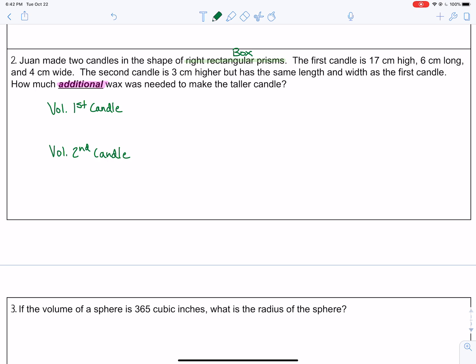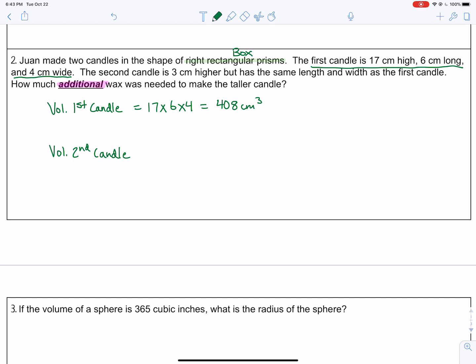All right, let's reread. We have the first candle is 17 centimeters high, 6 centimeters long, and 4 centimeters wide. So that would mean 17 times 6 times 4 will give me my volume. When I calculate that, I get 408 cubic centimeters.